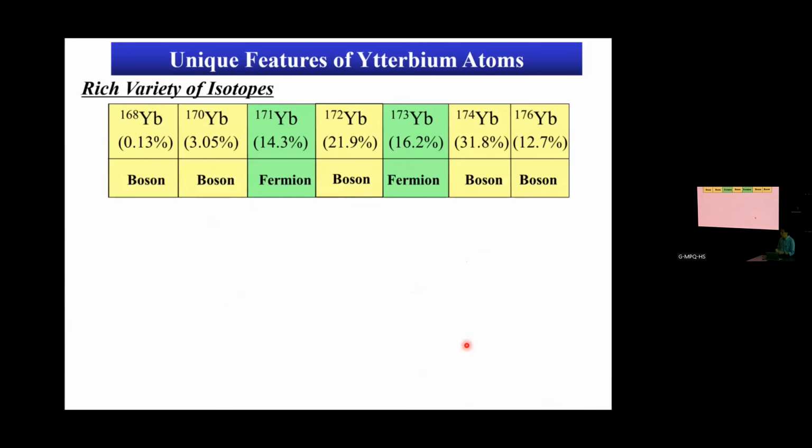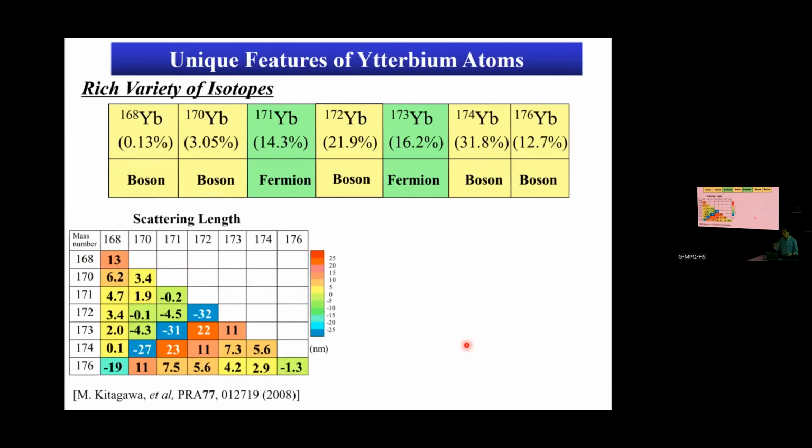Okay, and another unique feature of ytterbium atom is the rich variety of isotopes. There are 5 bosons and 2 fermions, and in fact, we can generate various quantum degenerate gases like Bose-Einstein condensate, Fermi degenerate gas, and their mixture.